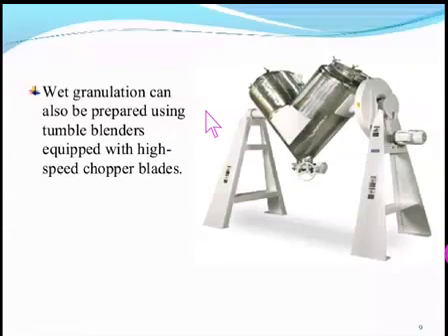If this is the kind of equipment available in the large scale plant, we have to select such equipment in the pilot plant to carry out the trials of wet granulation.